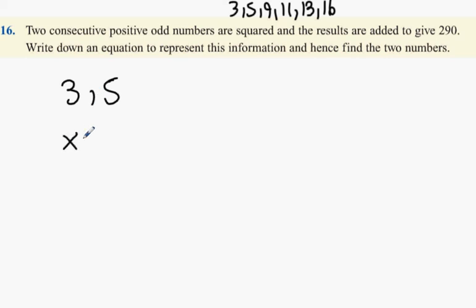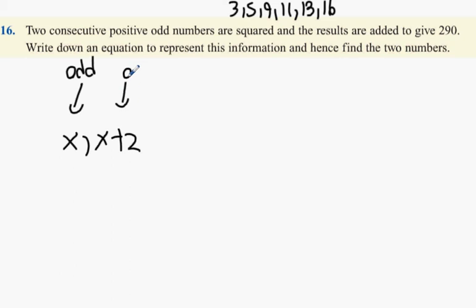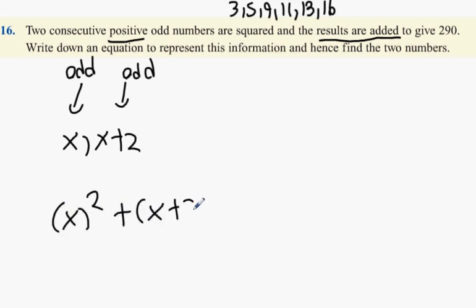So if I use x, what do I need to use as the next number? x plus 2, because the next odd number is guaranteed to be 2 bigger. I'm specifying that they're both odd and they're both positive. Okay? When 2 consecutive odd numbers are squared and the results are added, square them and add them together.